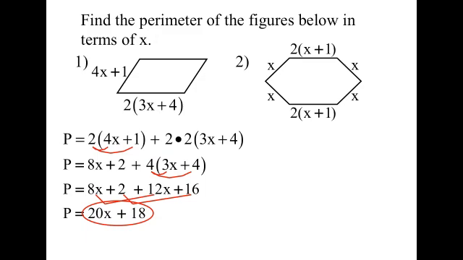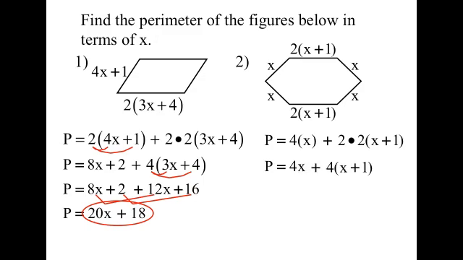All right, let's try the next one. Pause the recording and you try it on your own. All right, now check your work. Since the perimeter has 4 x's, I'm going to say 4 times the quantity of x plus 2 times the quantity of x plus 1.